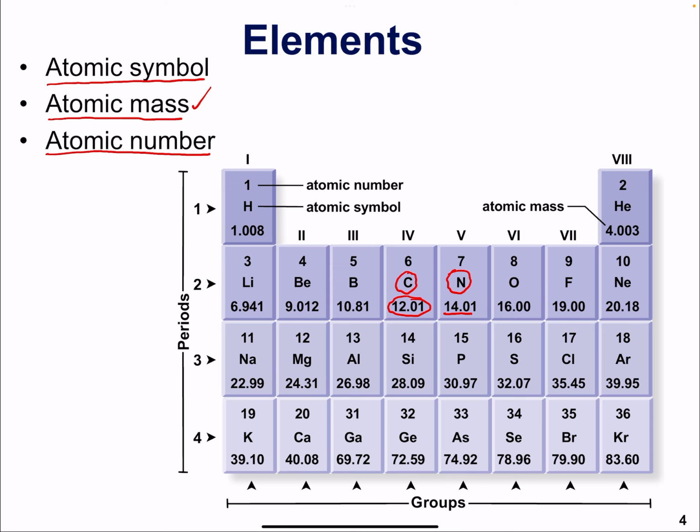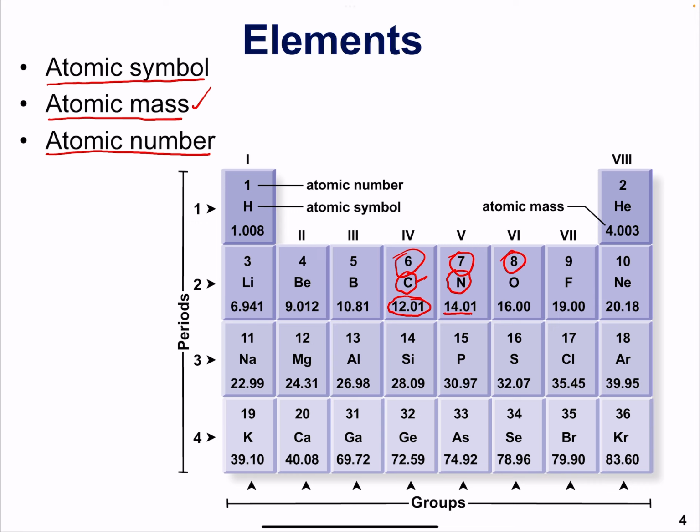And that atomic number defines what element a given atom is going to belong to. For instance, the atomic number for carbon is 6, while the atomic number for nitrogen is 7. The atomic number for oxygen is 8.